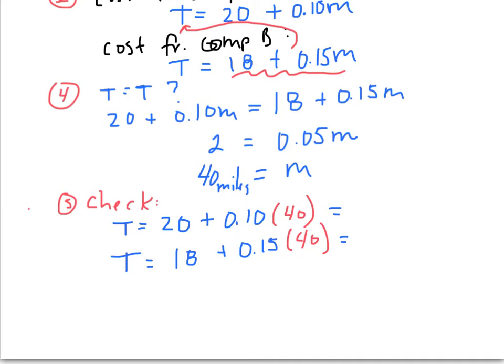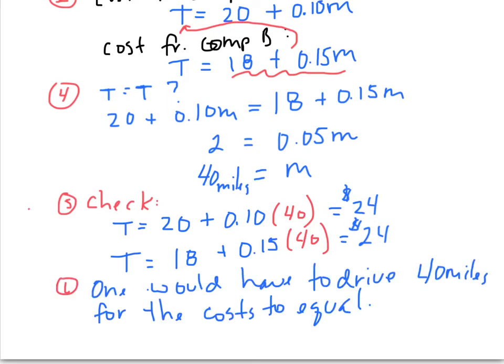And that will tell me that the 40 miles is actually the correct answer. And calculations will tell us that the amounts come out the same, $24 apiece. And so to finalize the problem, you just write a nice sentence with your answer, and of course the answers can vary here, but I just said one would have to drive 40 miles for the costs to equal.